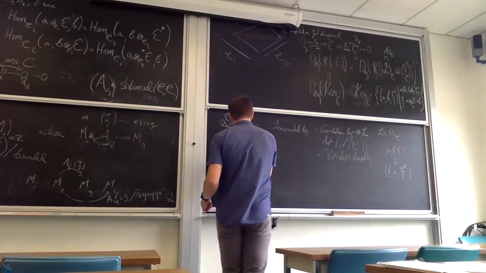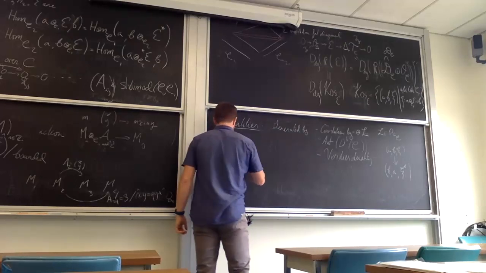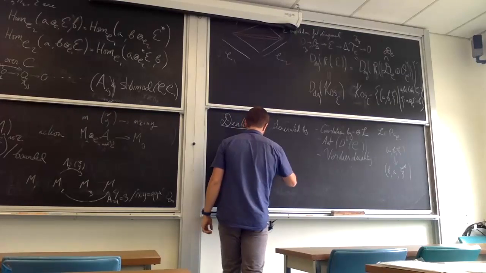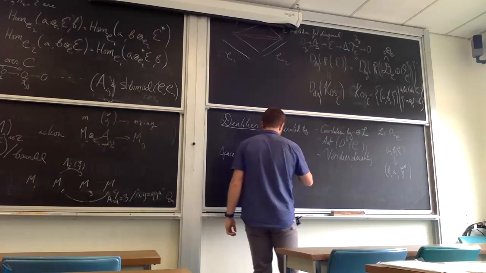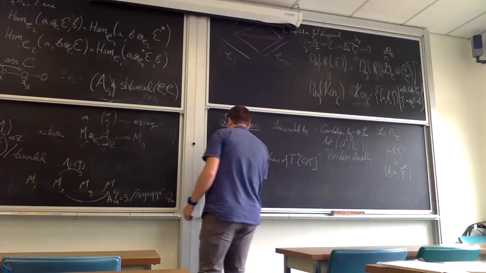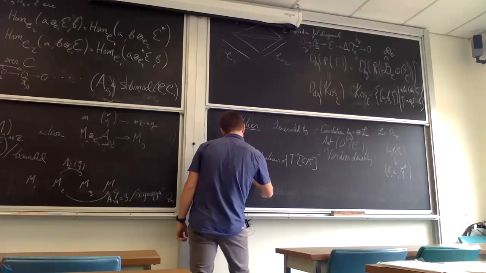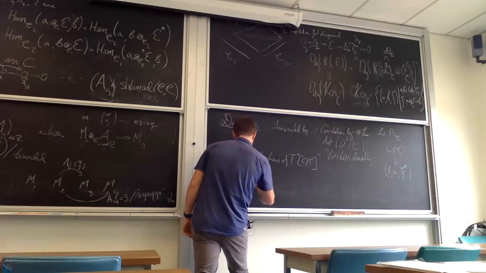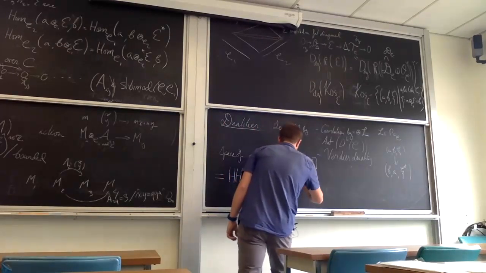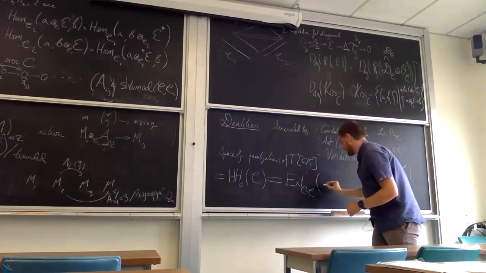The end result is that our space of quantizations of the cotangent bundle of C mod gamma is given by this cohomology group, which is the zeroth Hochschild homology of our stacky curve, defined to be extensions in C times C of the push forward of the diagonal by the structure sheaf.